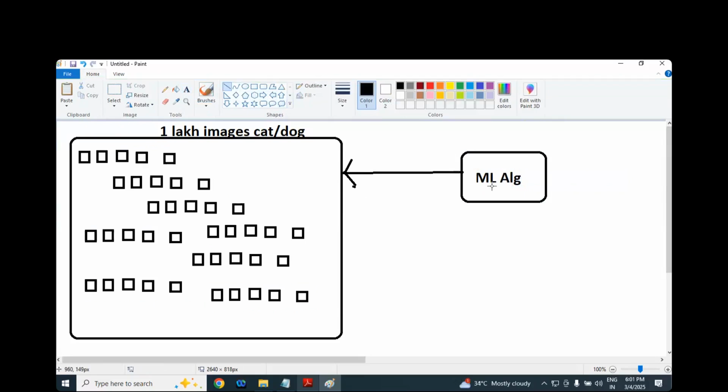Your machine learning algorithm will start learning from what you provide as input and output. Image number one, cat or dog. It has four legs, how it makes sound, what kind of food it eats. I mean to say, each and every image it will start learning.